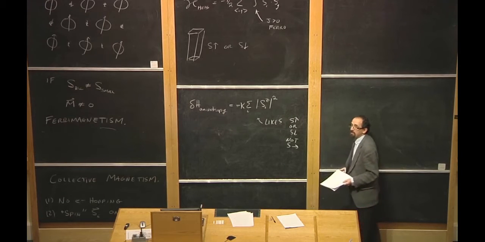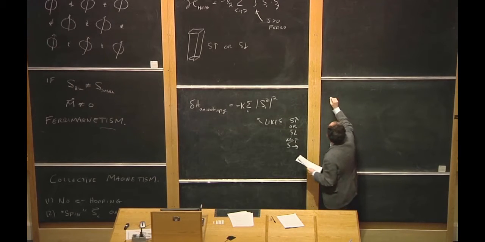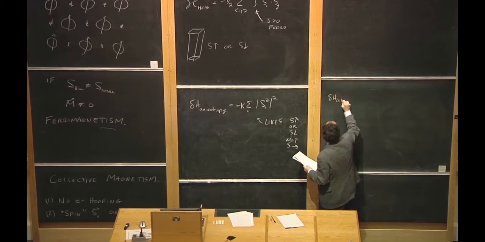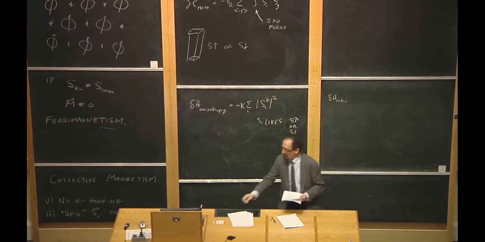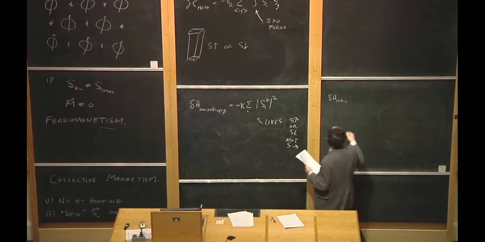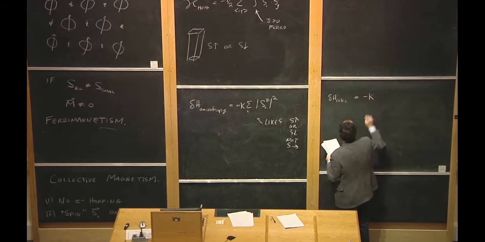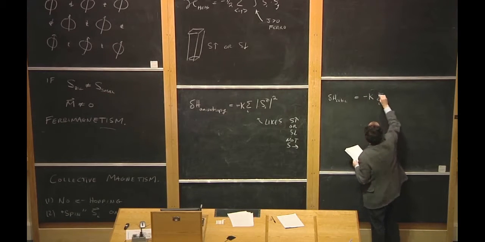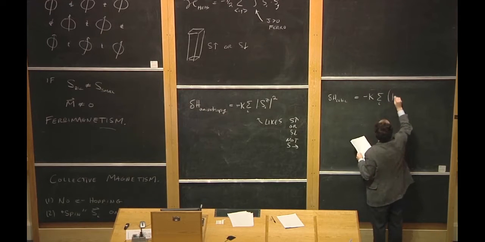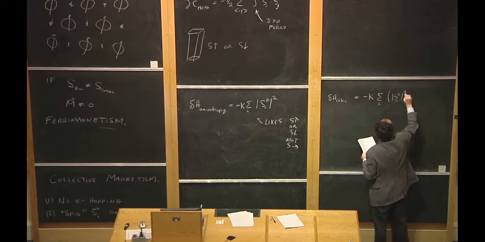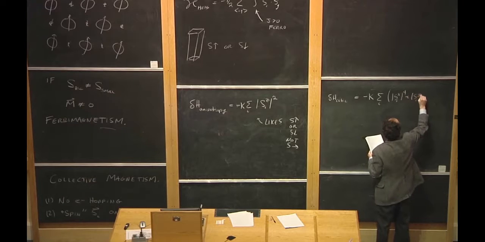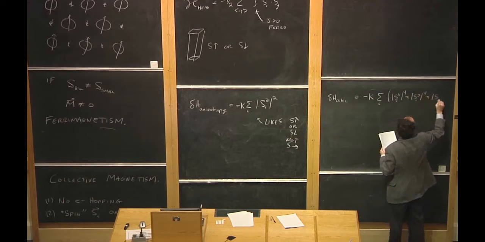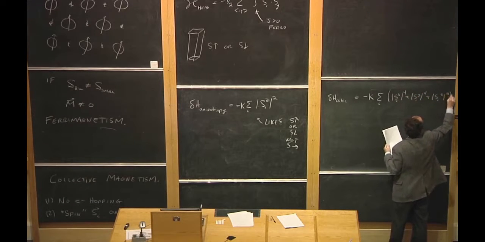Now, for a cubic crystal, you might expect something, H cubic, which is a little more complicated, that would allow the spin to point along any of the crystalline axes, but not in between. An appropriate Hamiltonian might be something like S_ix to the fourth plus S_iy to the fourth plus S_iz to the fourth.